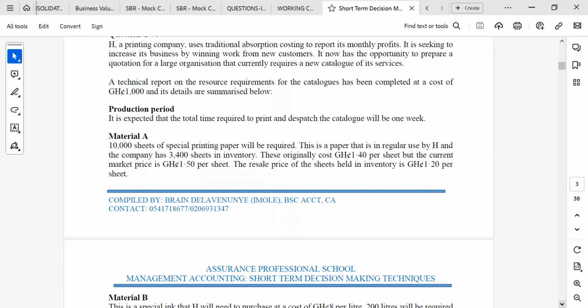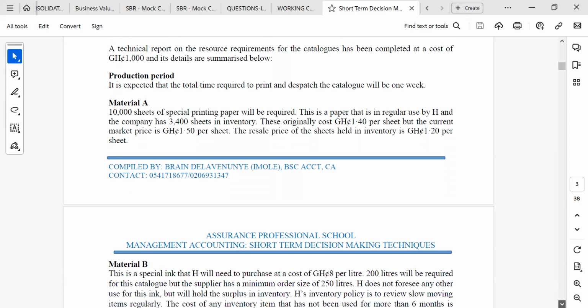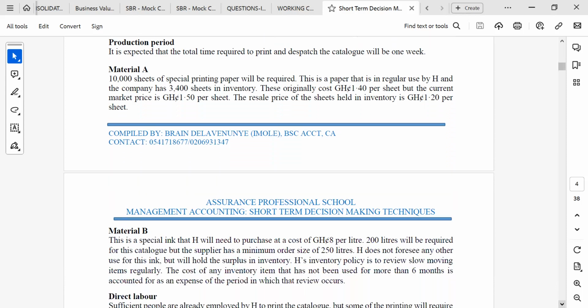Material B. This is a special ink that H will need to purchase at a cost of 8 cedis per liter. 200 liters will be required for this catalog, but the supplier has a minimum order size of 250 liters. H does not foresee any other use for this ink, but will hold the surplus in inventory.